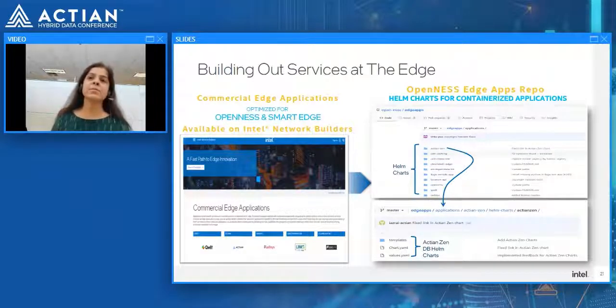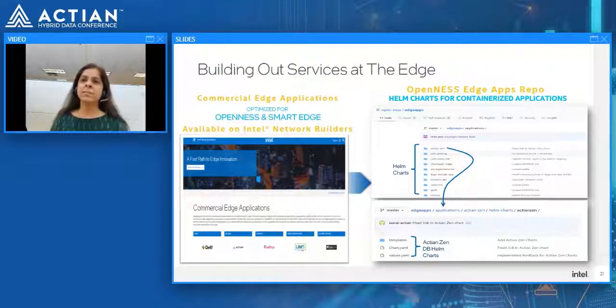In the technical enablement phase, we make the partner package its containerized application or a VM-based application in the form of Helm charts, which is a Kubernetes package management utility, and onboard the application, which is packaged as Helm charts, onto an OpenNESS or a Smart Edge cluster and test for its application KPIs.